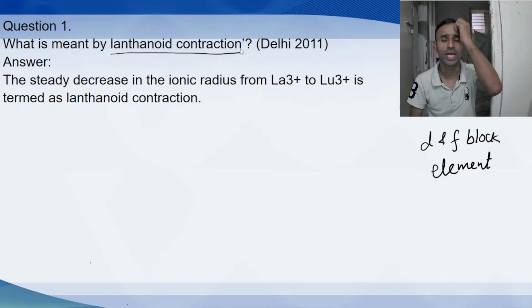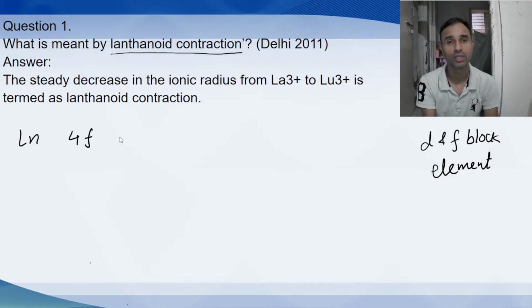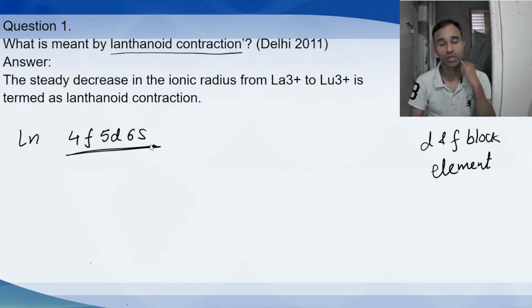Actually, in lanthanoids there is filling of 4f, 5d and 6s subshells.